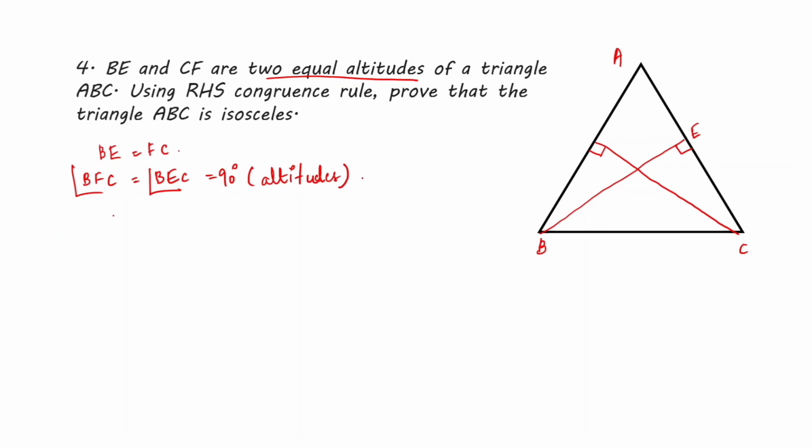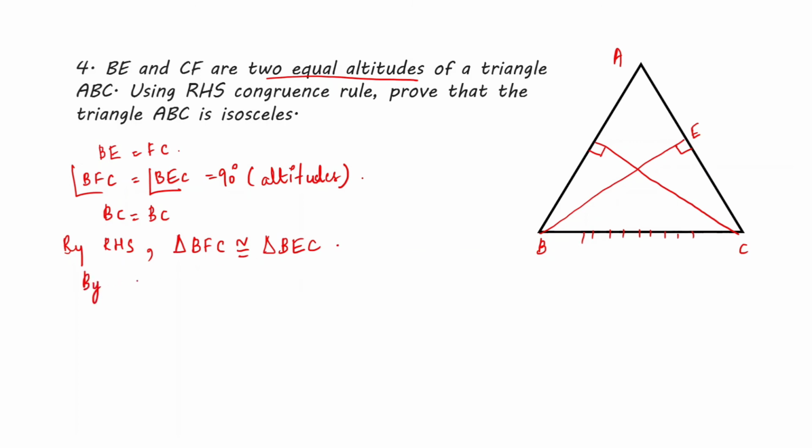Also, looking at the figure, we see that side BC is equal to side BC because both these triangles lie on the same base. Thus, by RHS congruency rule, right angle, hypotenuse and side, we could say that triangle BFC is congruent to triangle BEC.